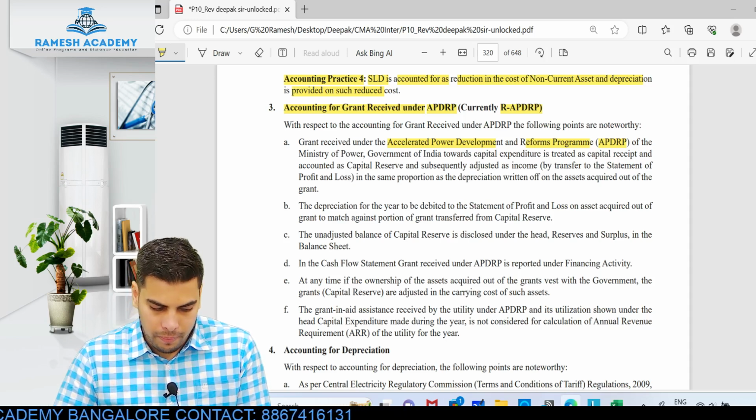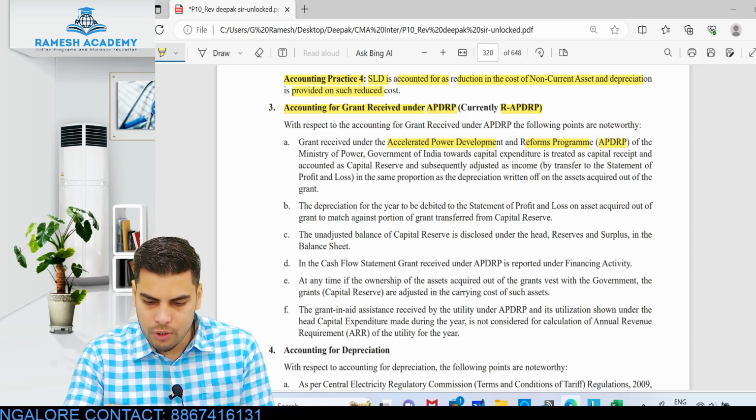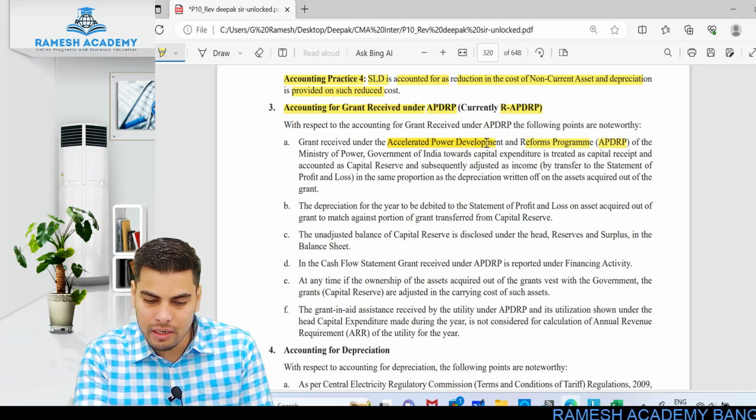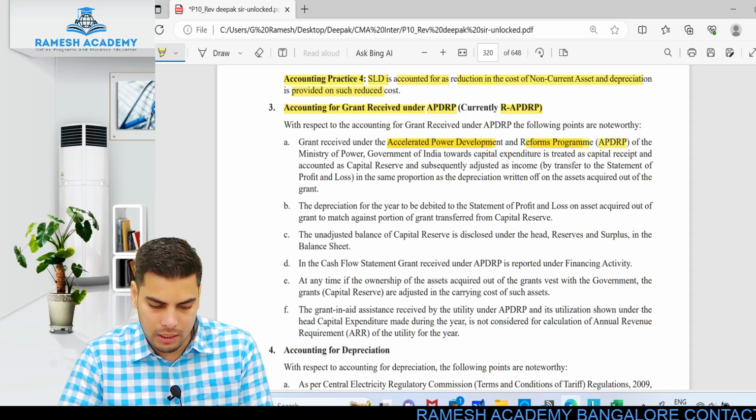Clear? Okay. So let's talk about this. Whenever we are receiving any grant from this program, we have got some reform program. The main objective of this is the speedy development of this particular power sector. That is why the name is Accelerated Power Development and Reform Program. In a fast manner, this power development sector has to improve.